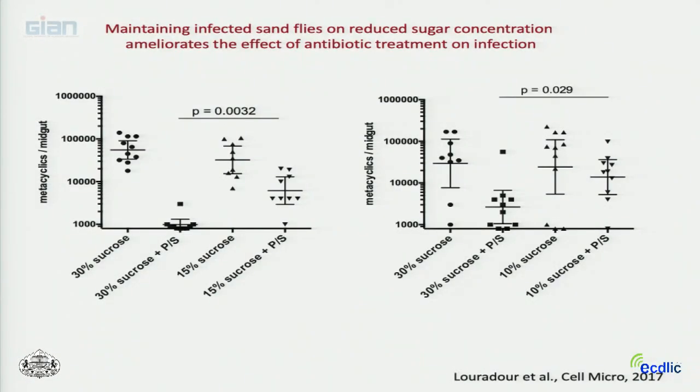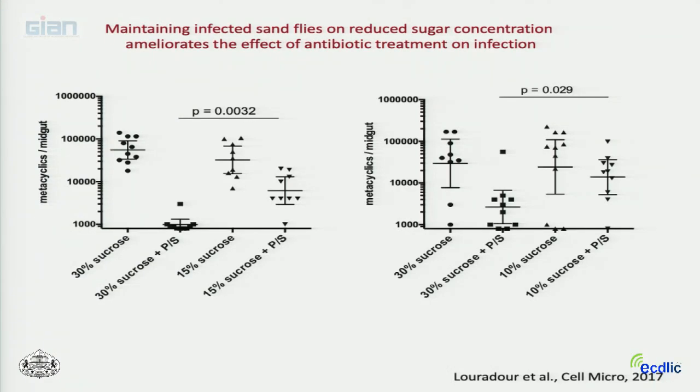We could sort of convince ourselves that was true if we maintain the flies on 15% sucrose instead of 30, which the flies hate. So most of the flies die because they need a higher concentration of sugars. But the ones that survived, the antibiotic-treated flies didn't kill the parasites so much.